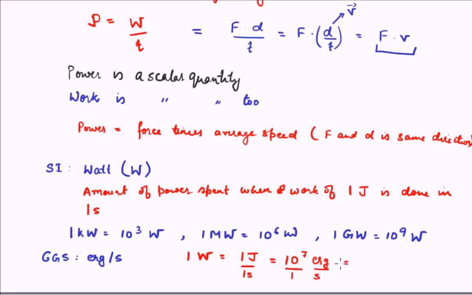Therefore 1 watt is 10 to the power 7 erg per second. This is the relation between the SI unit and the CGS unit of power.